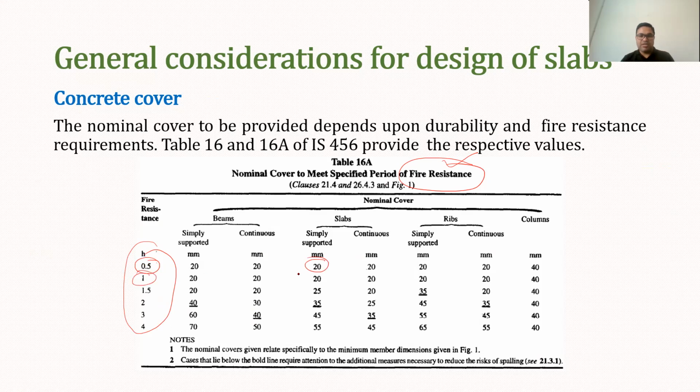Similarly, for up to 1 hour, a cover of 20 mm in the slab will be okay. For more resistance time, we need to increase the cover value. So this is how we can find out the cover with these two tables.